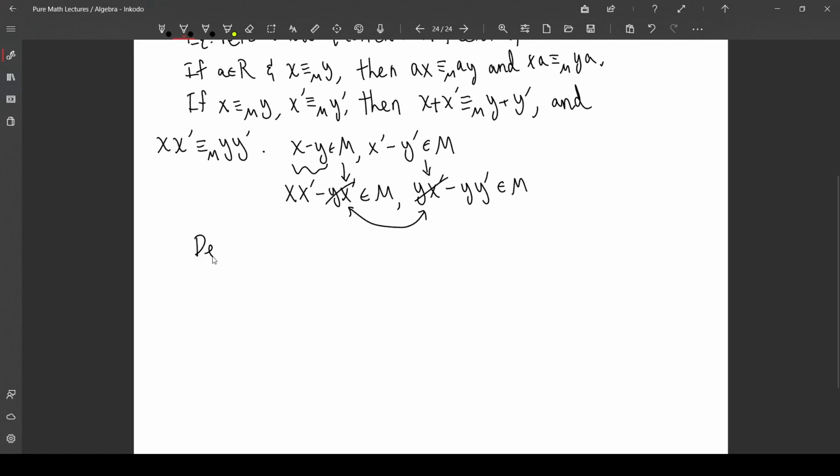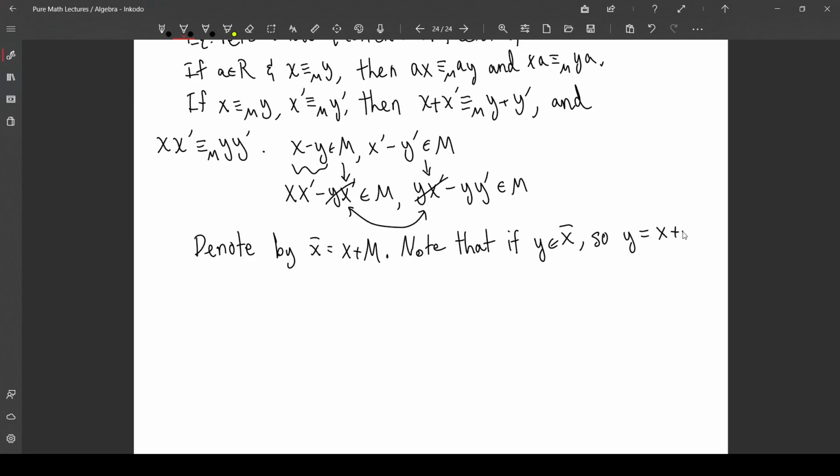Okay, so we're going to denote by x bar the coset x plus M. Note that if y is in x bar, so y is equal to x plus little m for some m in M, then the class corresponding to y, so y bar, which is the coset y plus M, is the set of y plus m prime, where m prime is in M.